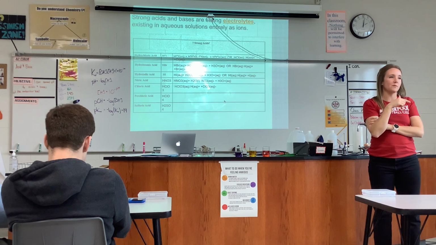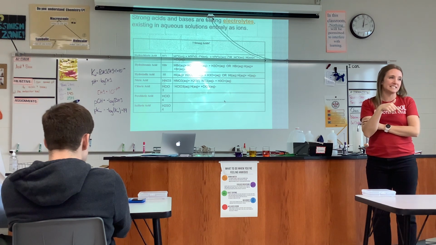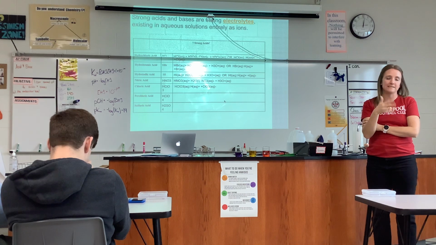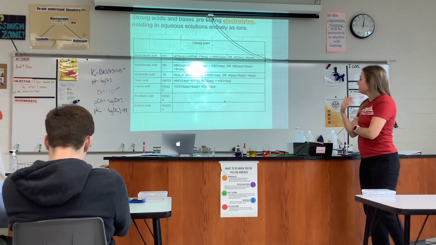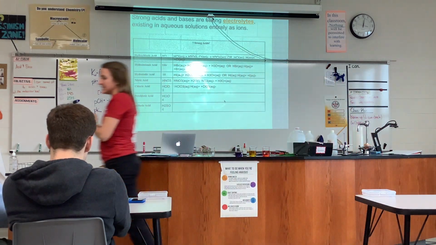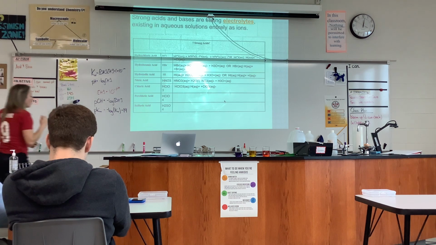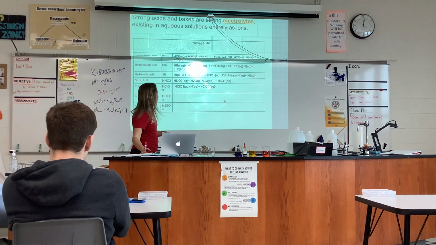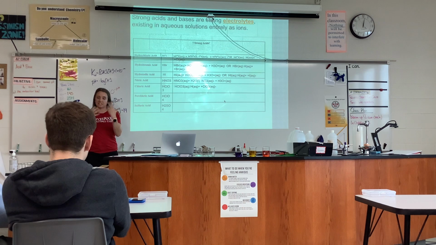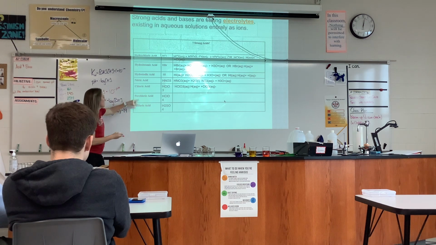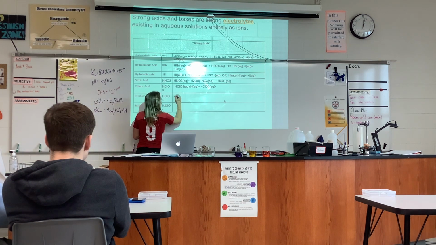Eventually, I'll tell you when, but we are going to memorize these, it just helps in problem solving to already know what they are. But let's focus on the last 2 where I didn't give you the reactions for them. What makes something a strong acid is that when it is in water, which they all are, it doesn't exist as a whole compound. It exists as separate ions. So perchloric acid here, so HClO4, write this one with me.